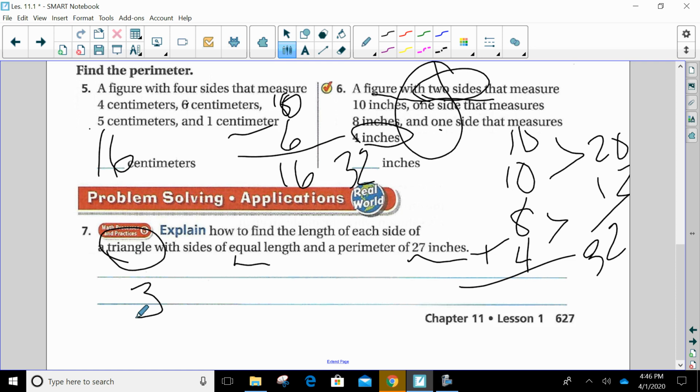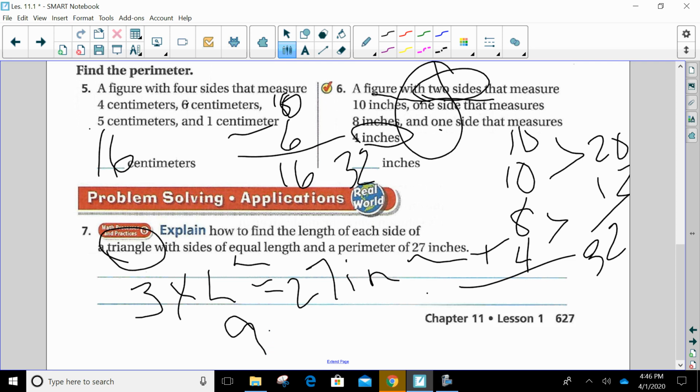Now, if I have 3 sides and they're all equal length, we don't know the length, so it's 3 times L, which equals 27 inches. Now let me think. 3 times what equals 27? Oh, I know that. 3 times 9 equals 27.